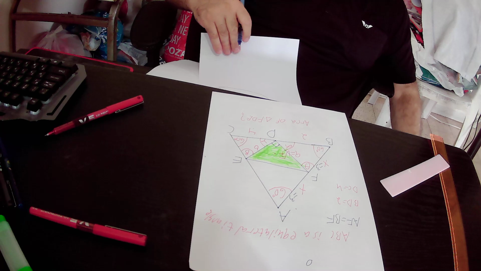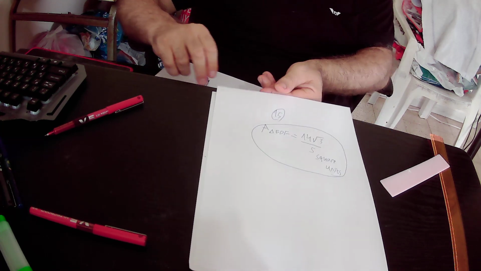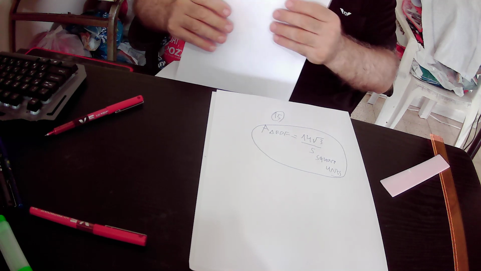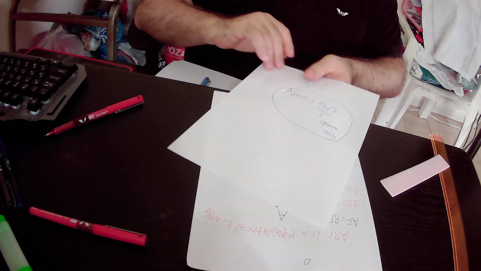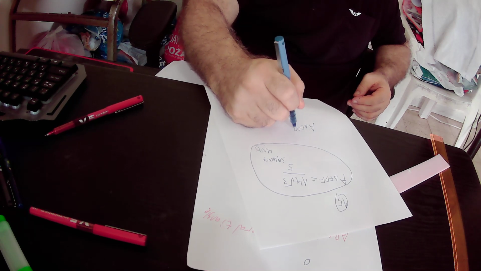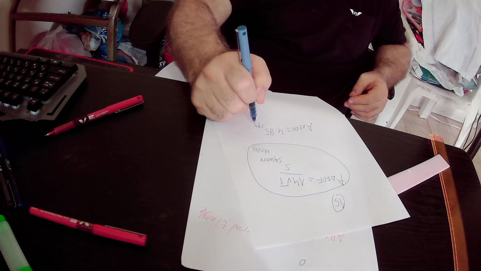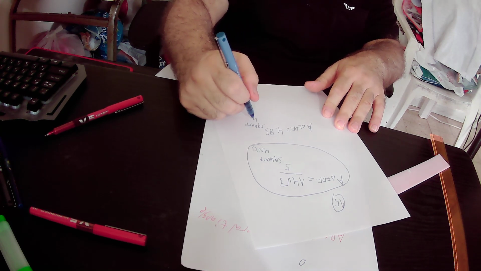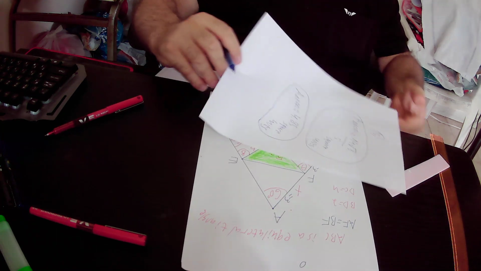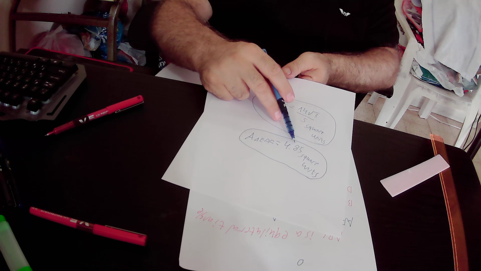Okay, so the area of the green triangle EDF equals 14 times root 3 over 5 square units, or in terms of numbers, the area of the green triangle EDF equals 4.85 square units.